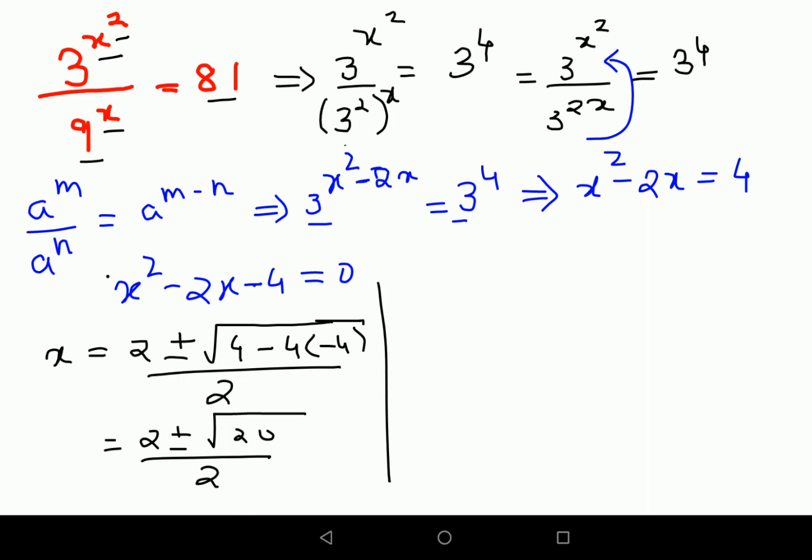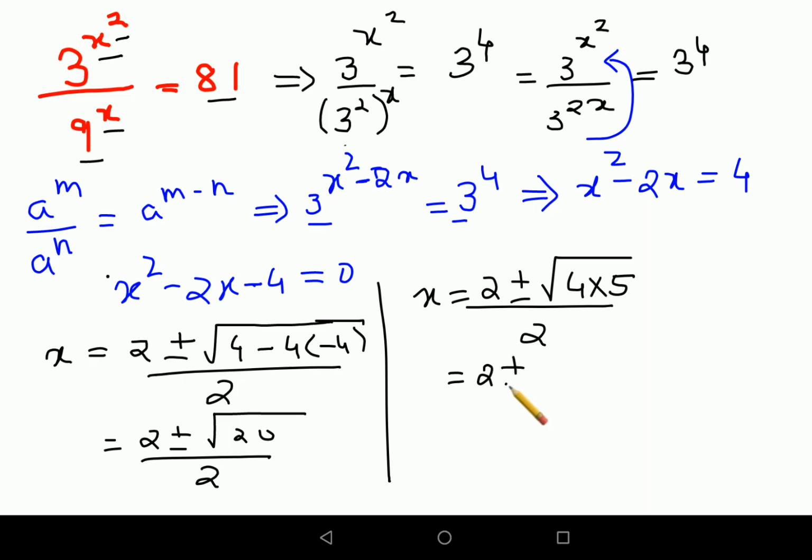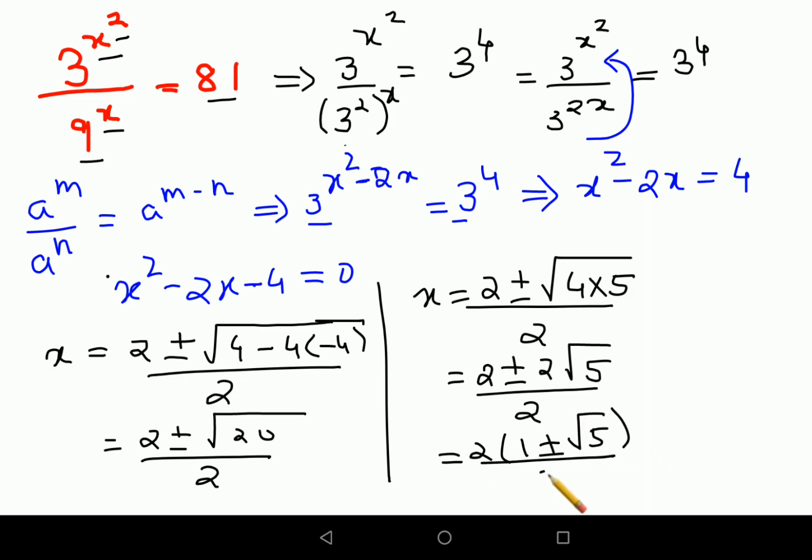So x equals 2 plus minus, I can write this 20 as 4 into 5, upon 2. 4 can be taken outside the root, which gives plus minus 2 root 5. Now I can take 2 common and divide everything by 2. So your final value of x comes out to be 1 plus minus root of 5.